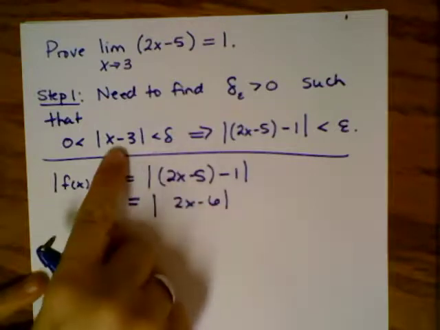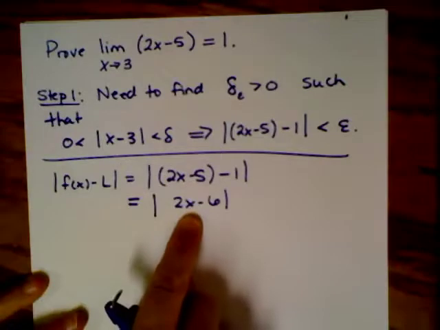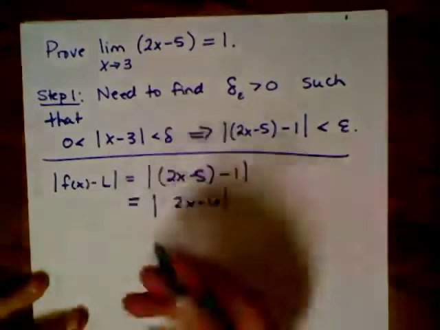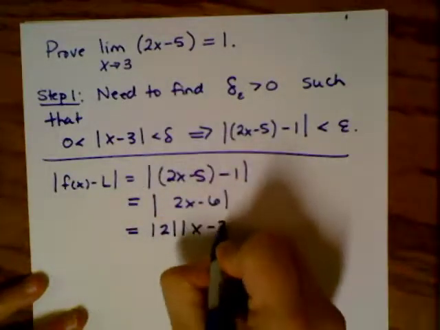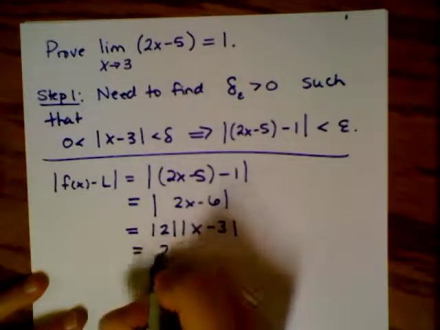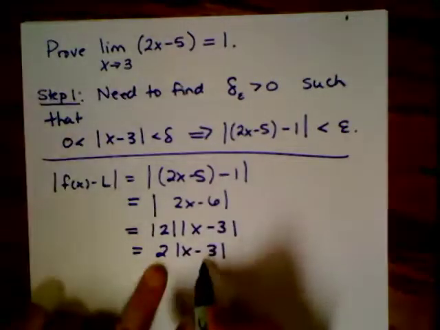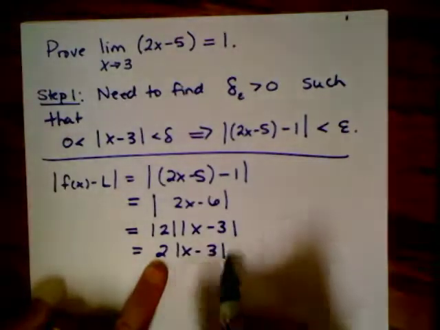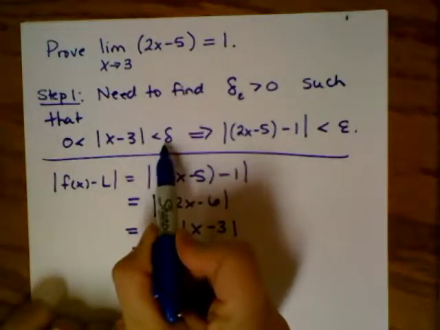Well, I can see a pretty clear connection between x minus 3 and 2x minus 6. This expression down here is twice as big as that difference. So that leads me to factoring out the 2 from the absolute value. The absolute value of 2 is just 2. And now I have a product that includes the expression we have control of.